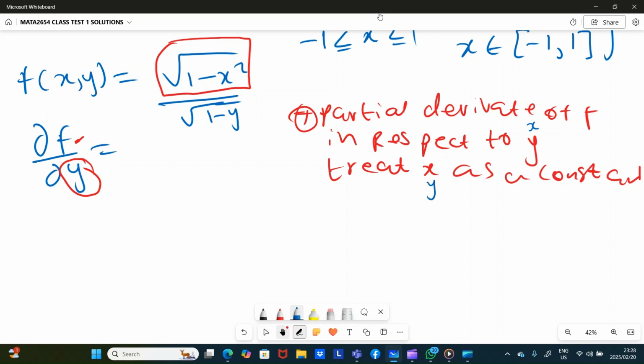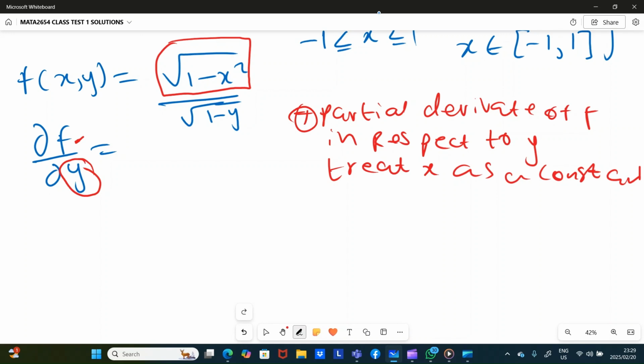That is one thing I wanted to add for you guys. However, when you are finding a unique solution, it is always the partial derivative of f with respect to y. So now let's see what our partial derivative of f with respect to y is going to be.